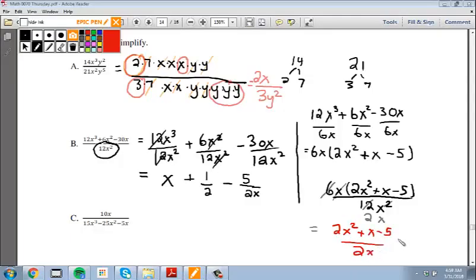But if I write it out as 2x squared over 2x plus x over 2x minus 5 over 2x, I end up with the same answer as before, x plus a half minus 5 over 2x. So again, either way is fine. I think this first way was a little bit easier for me at least.